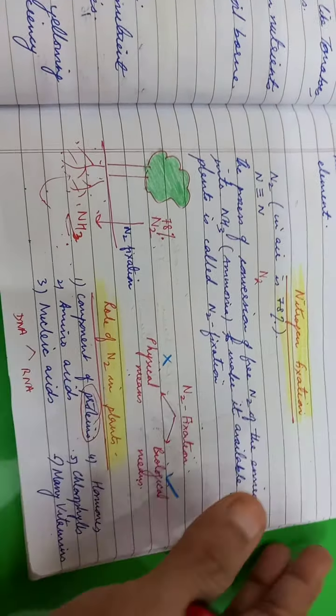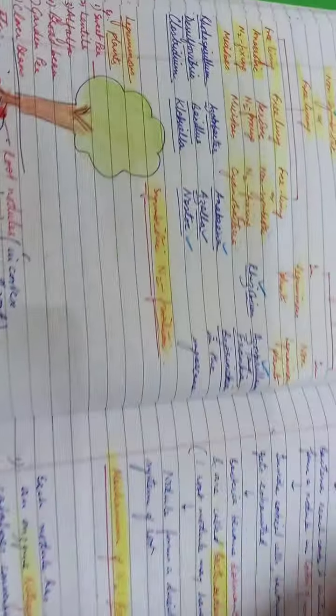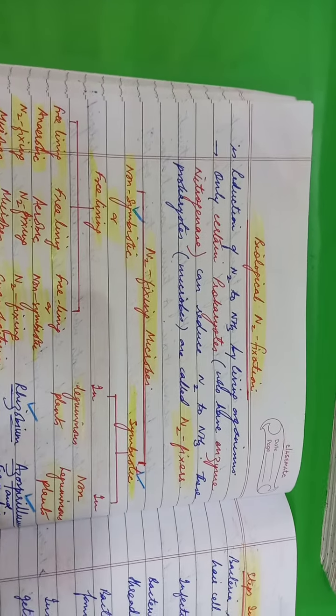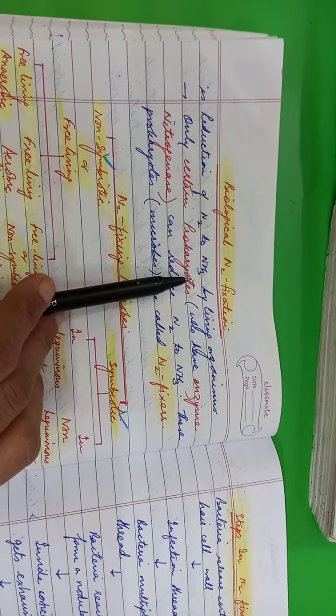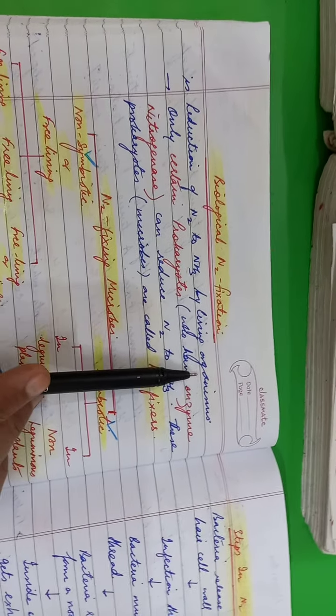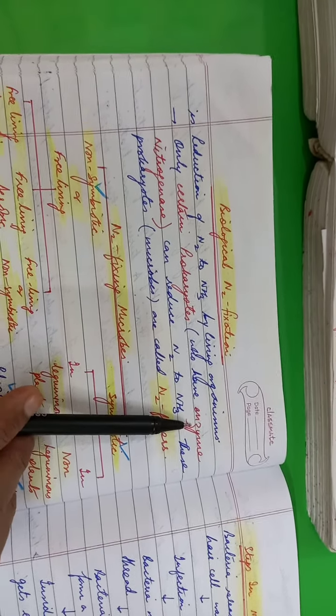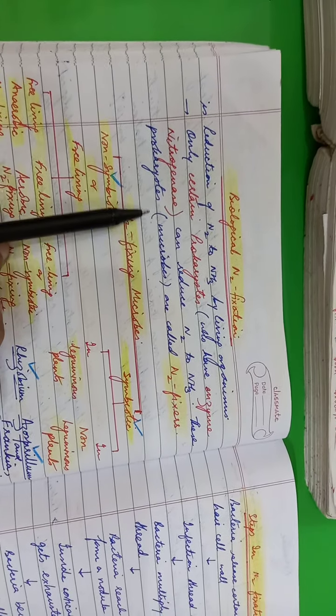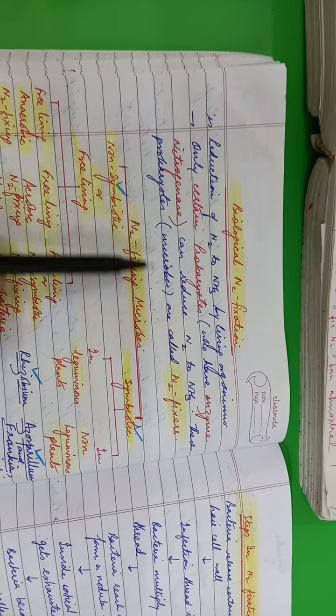All right. So let us start with this biological fixation of nitrogen. Just now I told you what is nitrogen fixation, conversion of nitrogen to ammonia. And when you're talking of biological fixation, then certainly it must be through the living organisms, right? Which living organisms do this? They are certain prokaryotes or the microbes, right?